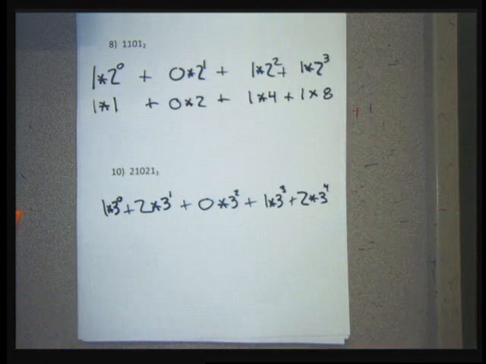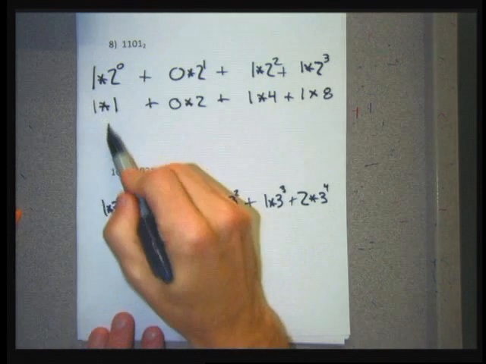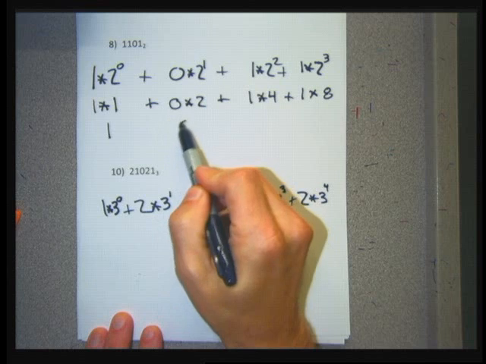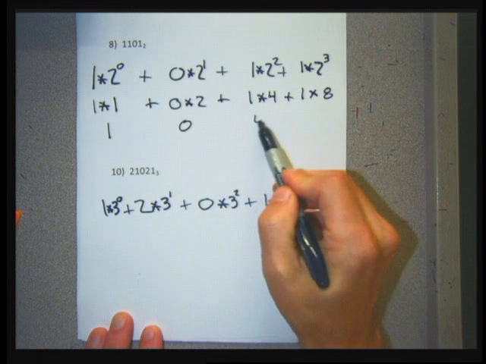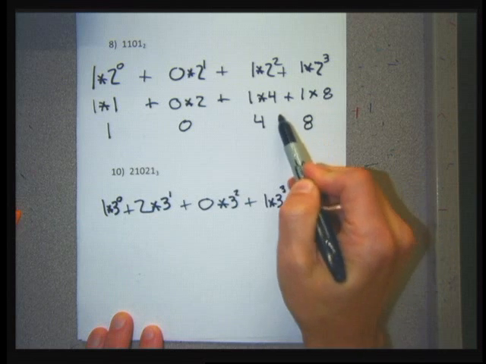So for problem 8, the 2 to the 0 was 1, the 2 to the 1 was 2, the 2 squared was 4, the 2 cubed was 8. After I get rid of the exponents, I do the multiplication. 1 times 1 is 1, 0 times 2 is 0, 1 times 4 is 4, 1 times 8 is 8, and then I add these numbers up.